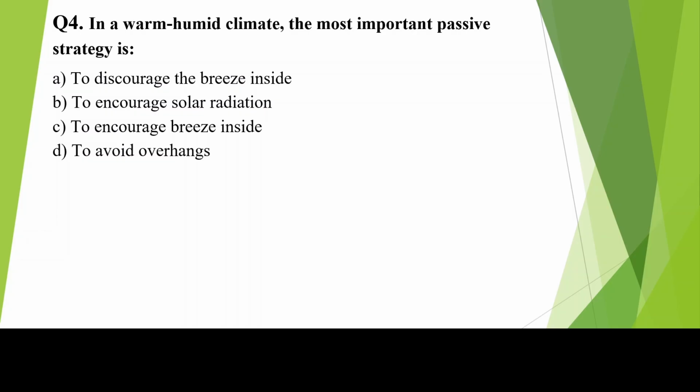In a warm and humid climate, the most important passive strategy is, yeah. So I have already discussed it, and it was also discussed in the lecture. In warm and humid climates, you have to reduce the humidity content inside your building. So which strategy will you be opting for this question number four?